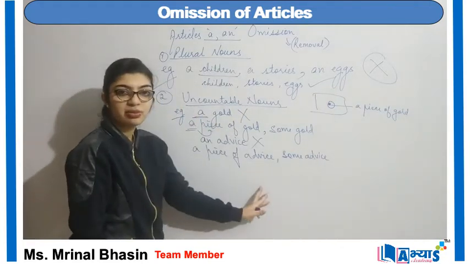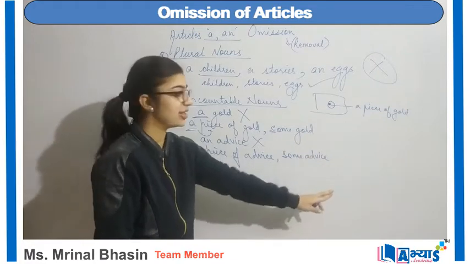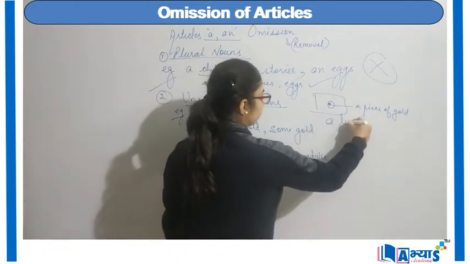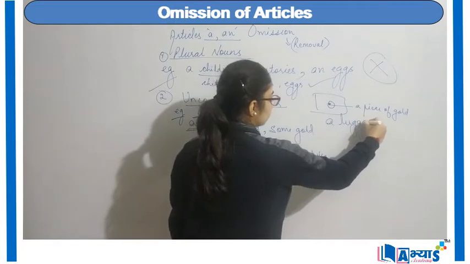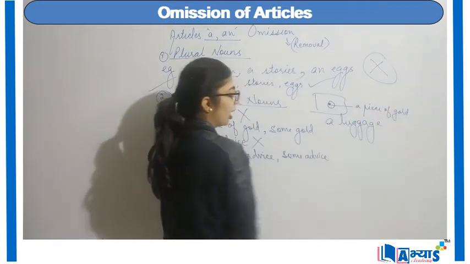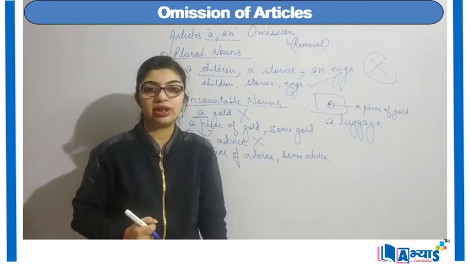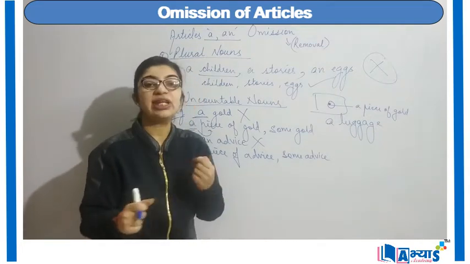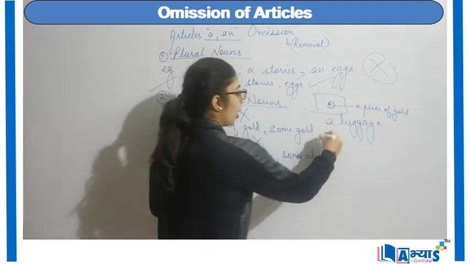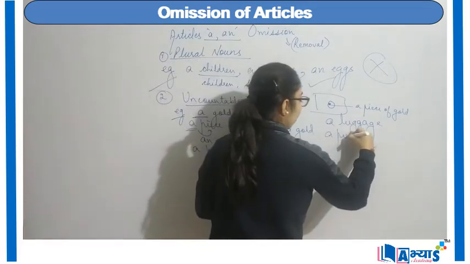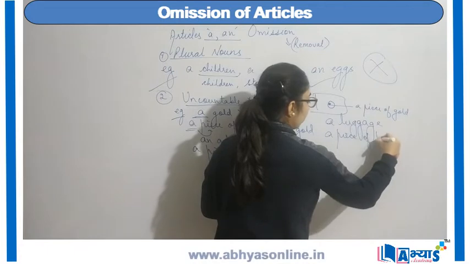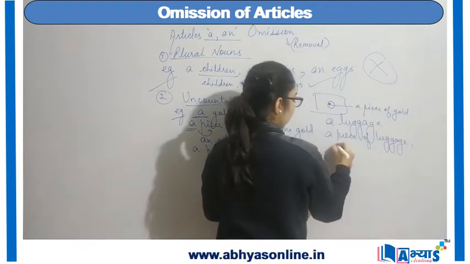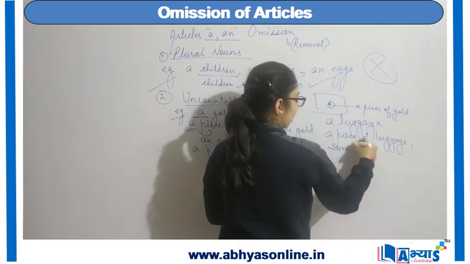A piece of advice, some advice. Another example can be a luggage. I have bought a luggage with me. Wrong sentence. I have bought a piece of luggage or some luggage. A piece of luggage, some luggage.